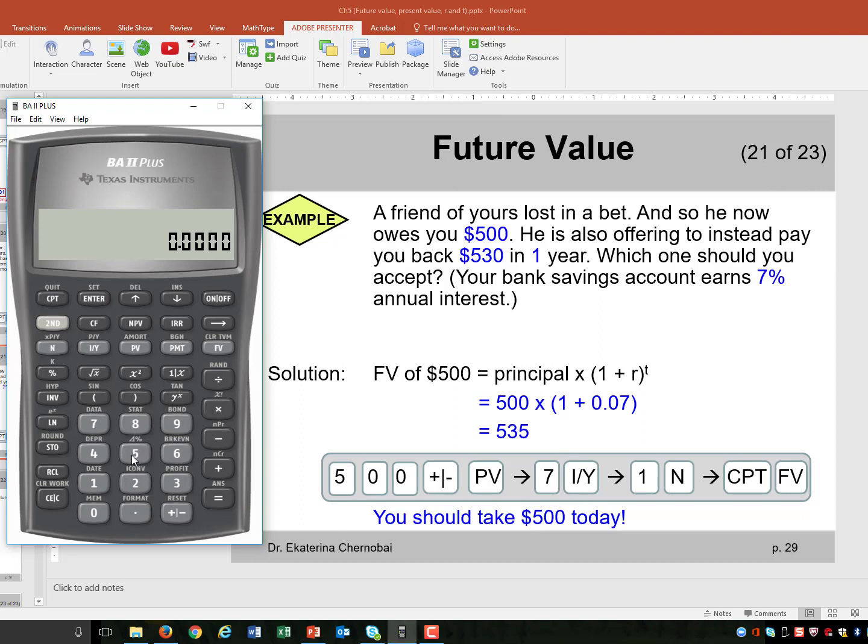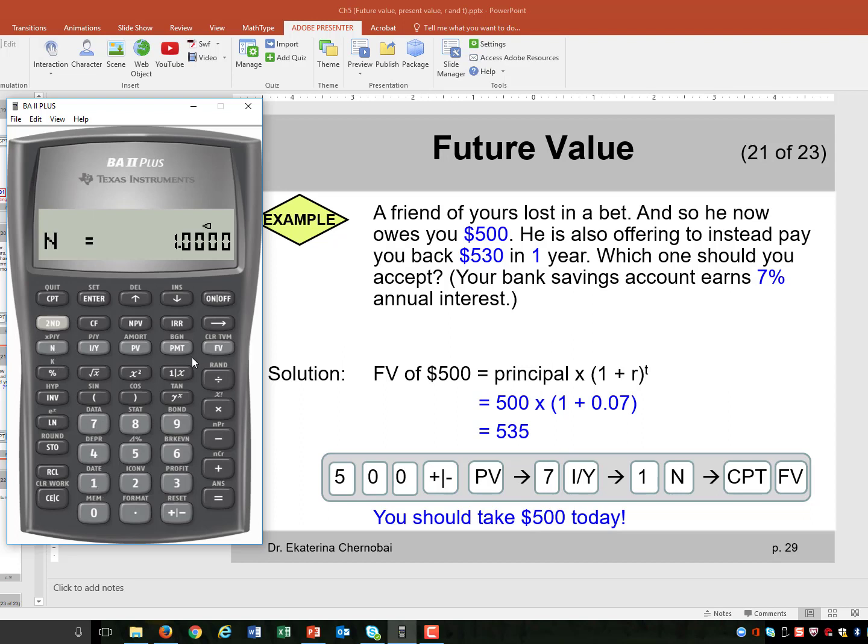So you take $500 today. We need to set it as a negative value, plus minus key, then press PV, which stands for present value. It will earn a 7% interest rate, 7 IY. It will earn it for 1 year, 1 N.